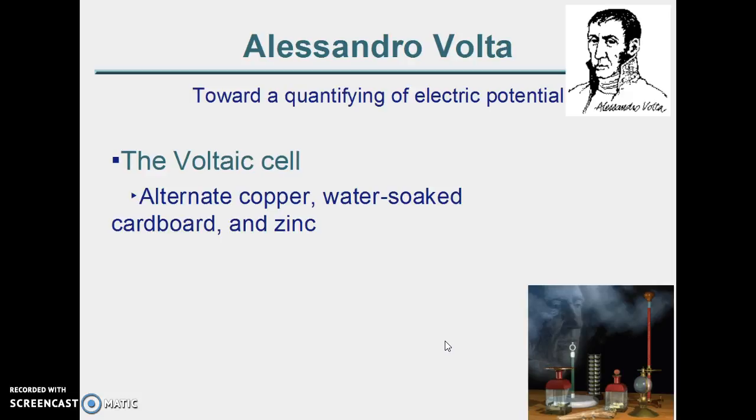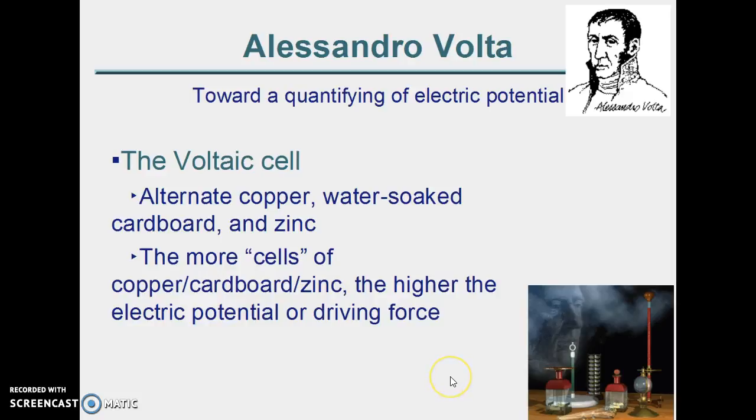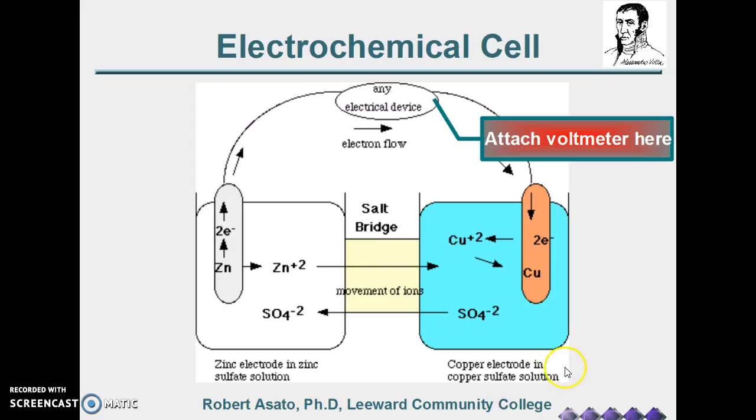So copper down, then cardboard, then the zinc, then the cardboard, then the copper, then the cardboard, then the zinc, and so forth, and found that the more cells he made of copper, cardboard, zinc, the higher he measured the electric potential, or driving force. And we therefore call this driving force voltage, using his name.